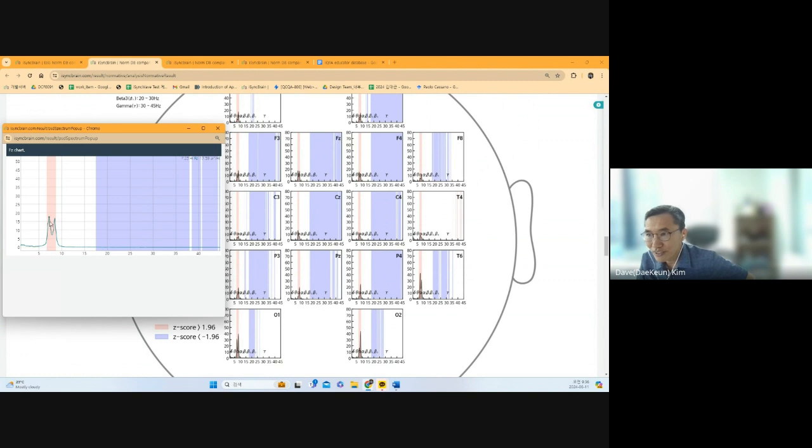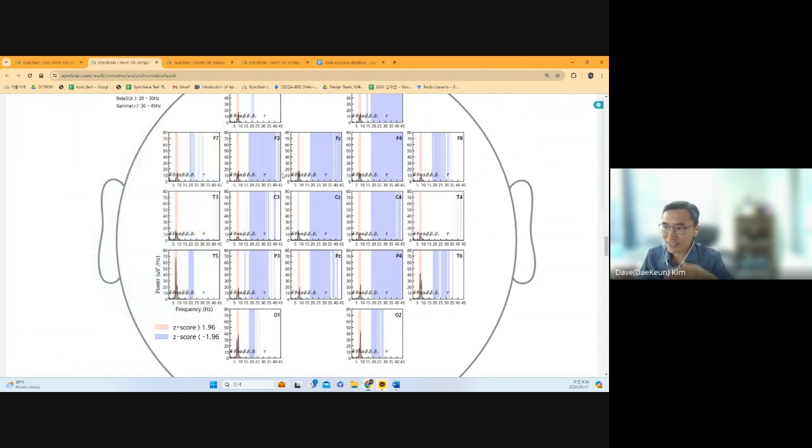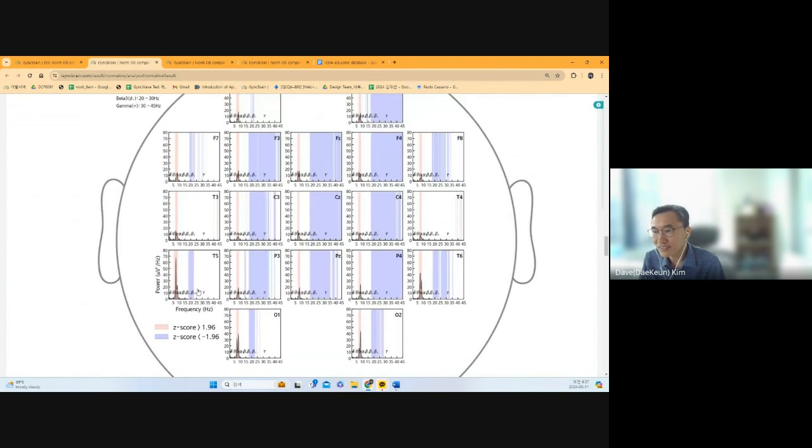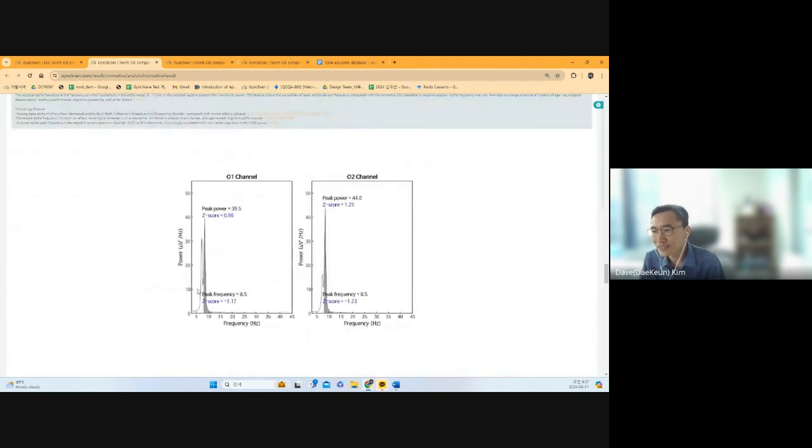You can see in the frontal the same peaks, 7.25 and 8.5. So the alpha is decreasing and theta increasing. Usually the highest theta is in the temporal area, in this case T5, and that's the typical MCI case.